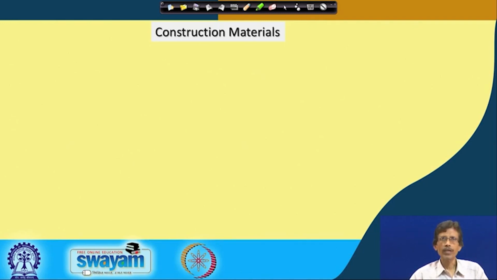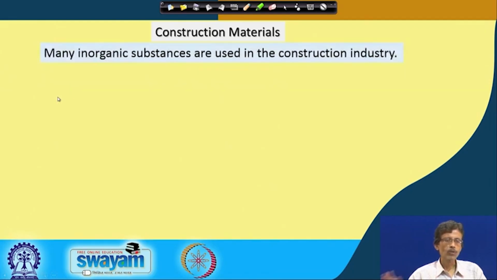It can be a very useful part where industrial inorganic chemistry can contribute, particularly in civil engineering, architectural engineering, and manufacturing engineering in the construction of different buildings and other things. What we basically use there, starting from the filler material to the brick material, to cement and plaster of Paris coating and all these things. So a large number of inorganic compounds are involved.